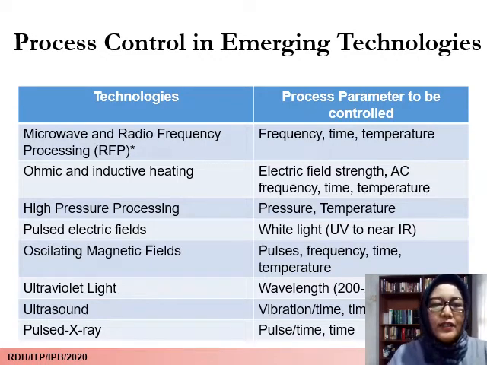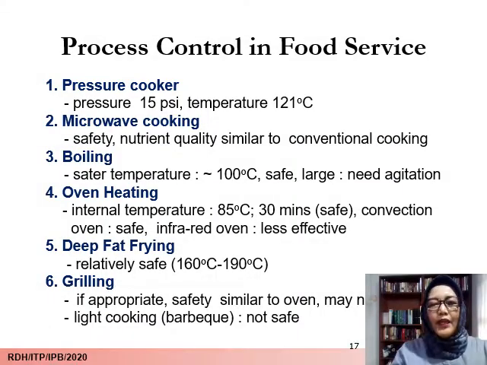And here are several of the emerging technologies. In food service industries, the parameters of the process control are probably simpler. You can see there are pressure involved and temperature, and for the others are mostly temperature and time.